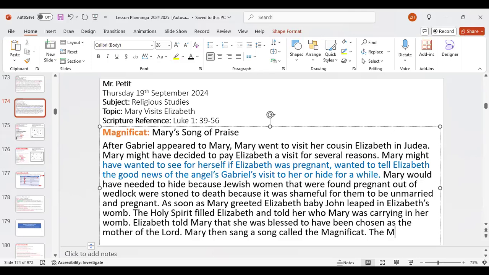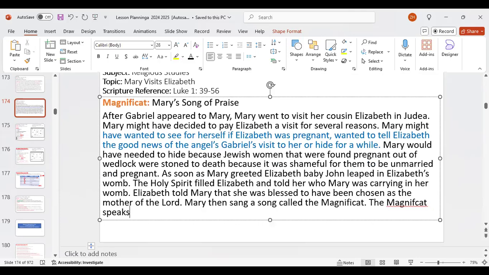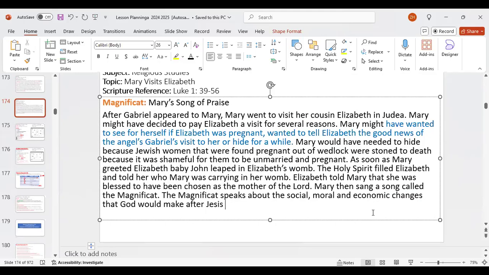The Magnificat speaks about the social, moral, and economic changes that God would make after Jesus was born.